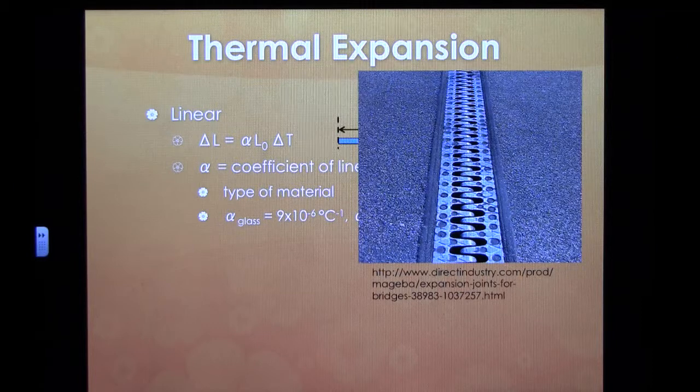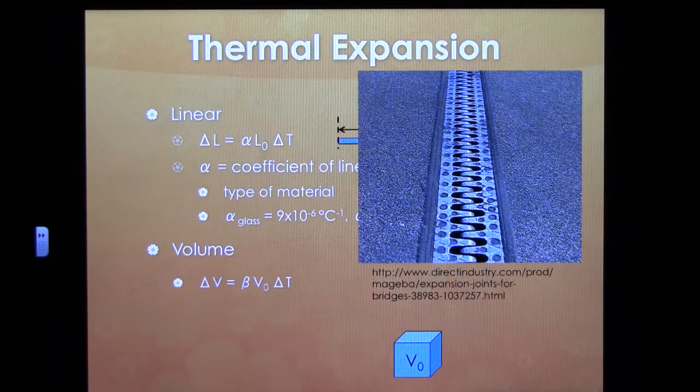A similar relationship can be used to determine the change in volume of an object as it undergoes a temperature change. Let's consider a cube with an initial volume V0. The change in volume, delta V, is directly proportional to its initial volume, V0, the change in temperature, delta T, and beta, the coefficient of volume expansion.